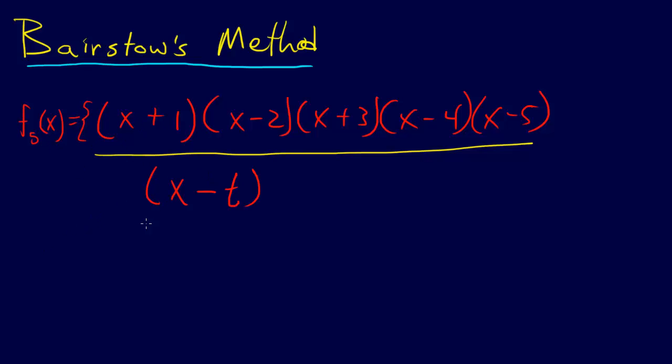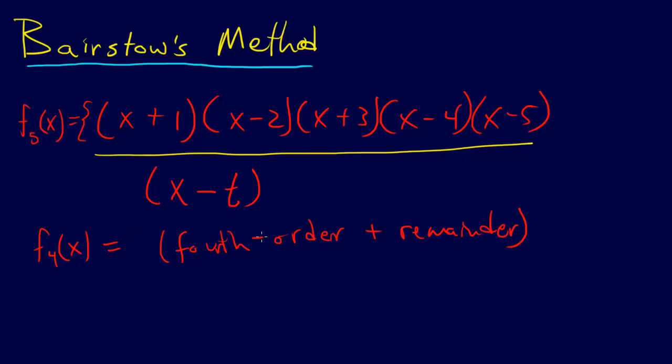If we do this division, then the result is going to be f4 of x, and that's going to equal something, but the whole point is it's fourth order plus remainder.